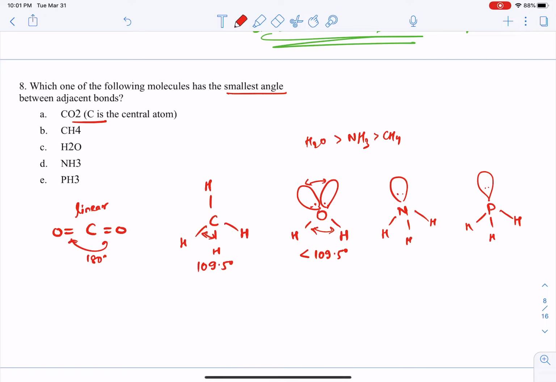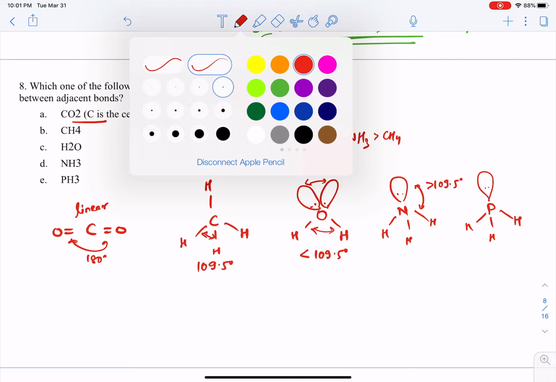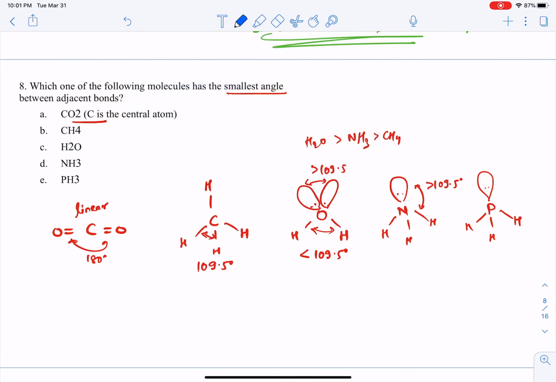Okay, so this one is less than 109.5, but this one is greater than 109.5. Similarly, this one is greater than 109.5. You can think that even P, that is phosphorus, would have a similar thing, greater than 109.5.